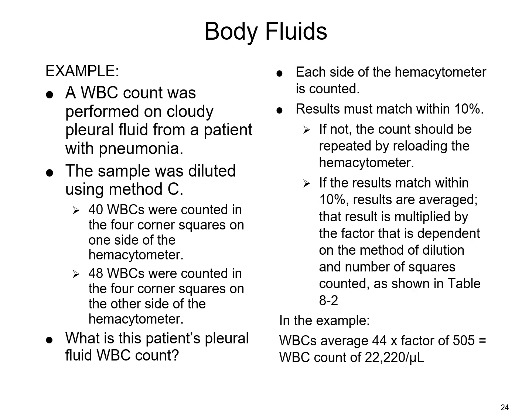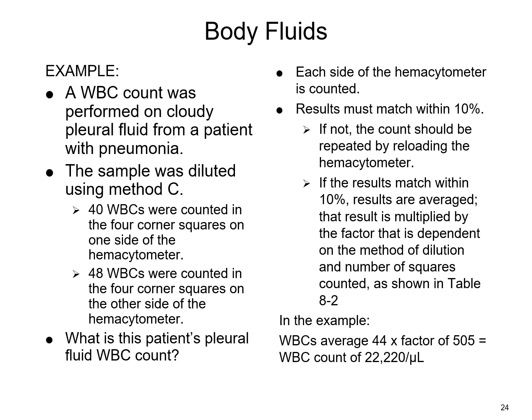So for this example, we got to refer to our chart in our book. And our chart in our book tells us that with this particular method, if we used method C, and we counted the 4 corners on each side, so those 4 outside corners.